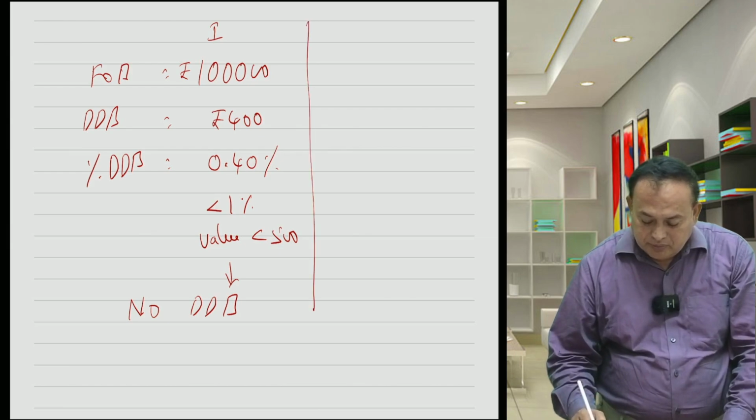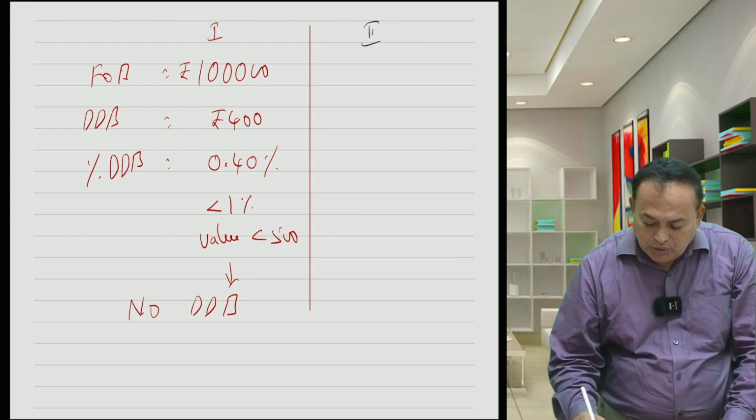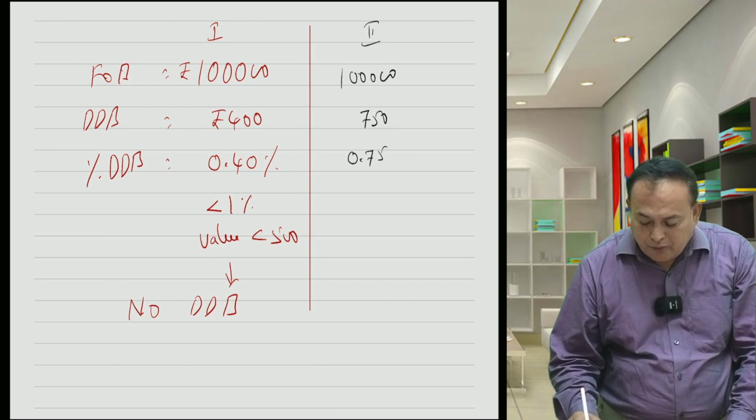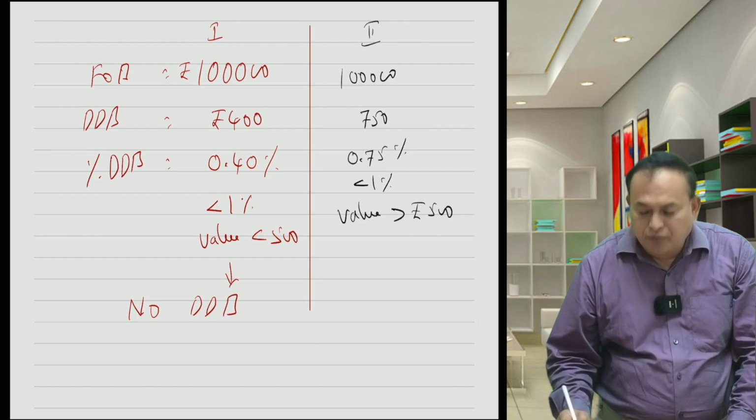Is that clear? Then case 2. FOB value of export is 1 lakh, but duty drawback is 750. Here the percentage is 0.75%, which is less than 1%. However, the value is more than 500.